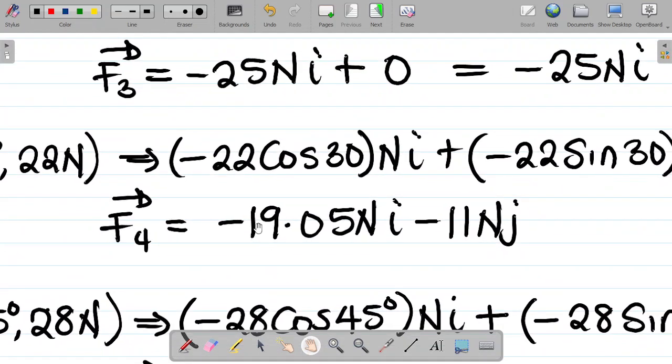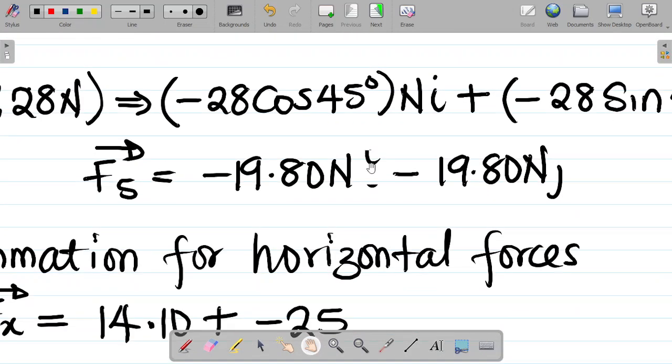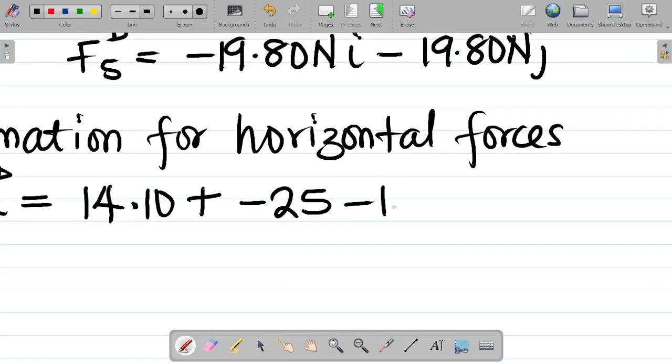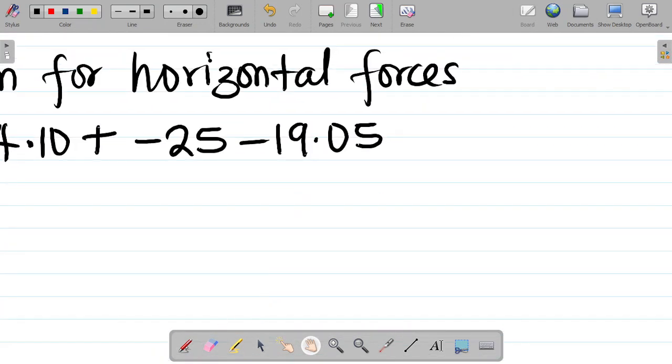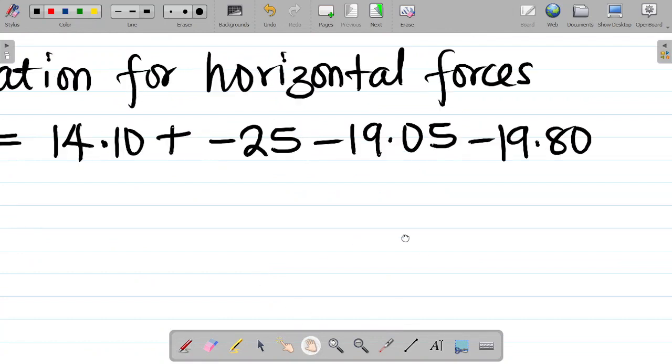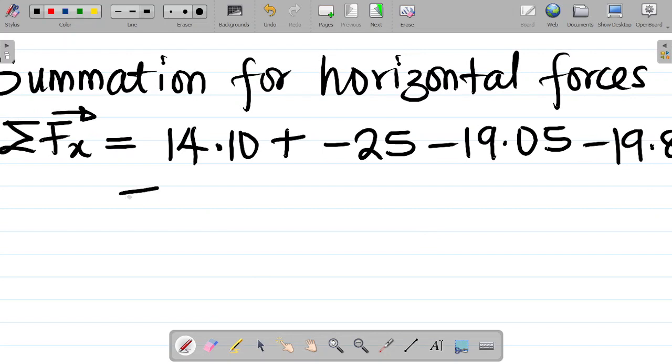Let's get for F4. For F4, for the I, we have minus 19.05. So it becomes minus 19.05. And then for F5, you have minus 19.80. So minus 19.80. So let's sum this. What do we have? We'd have that sigma Fx is equal to, now let's impute values here.